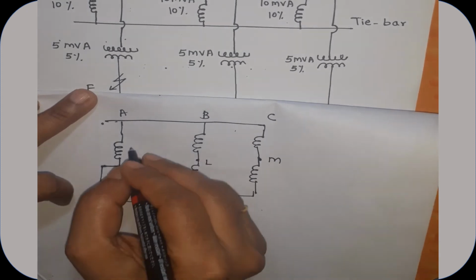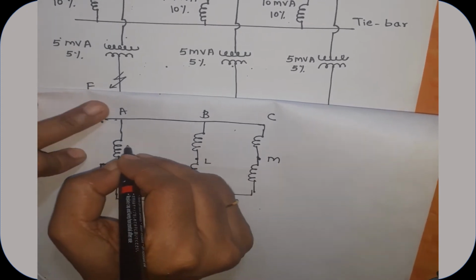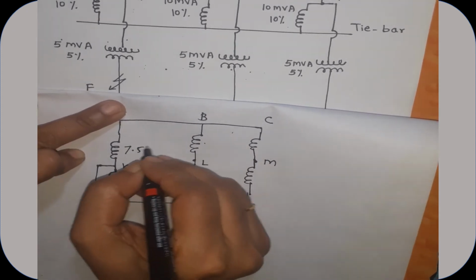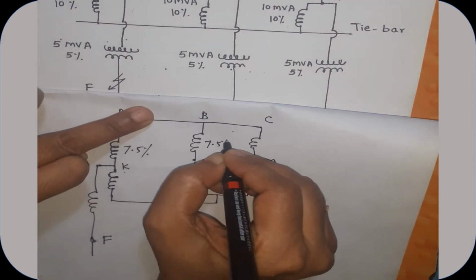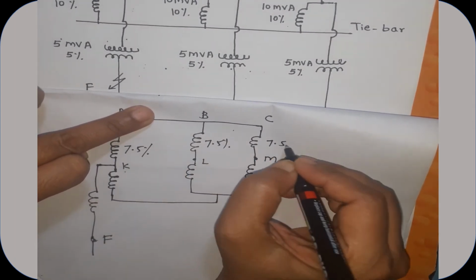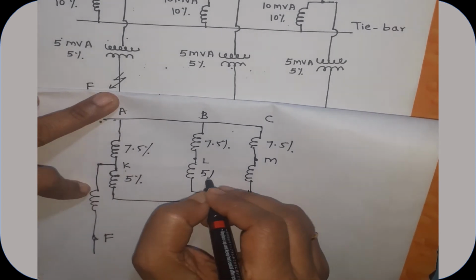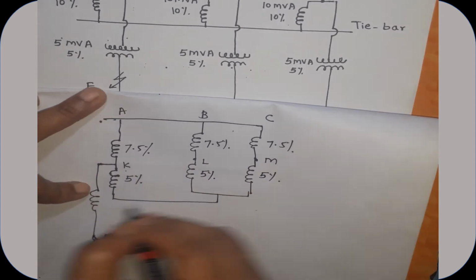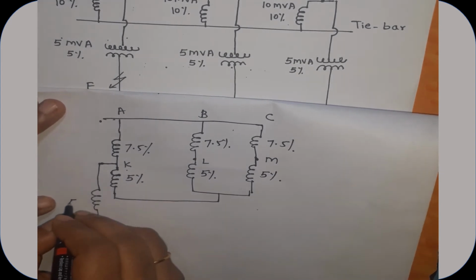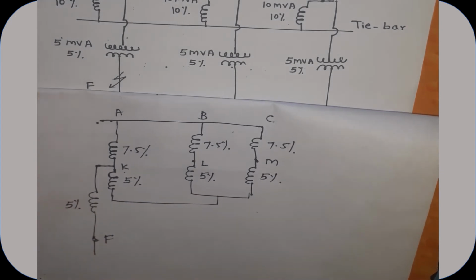These are the points. Equivalent reactance of each generator is 7.5%. Equivalent reactance of each reactor is 5%. That of the transformer which is near the fault location is 5%.